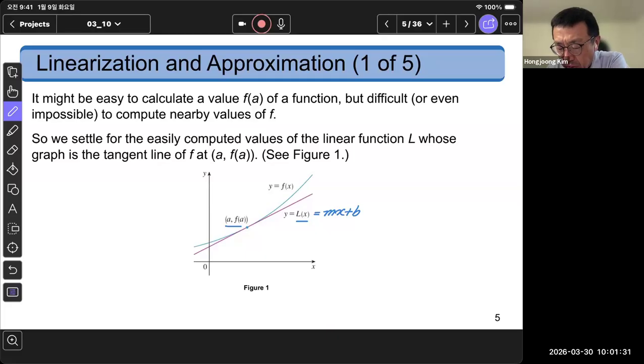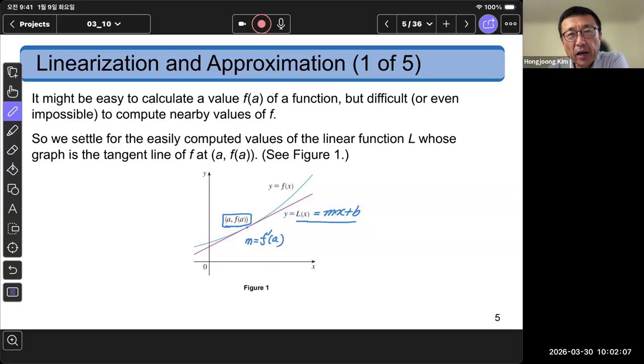So using the information at a and f of a, and if I know that f prime of a can be estimated, then that will be the slope of the tangent line, right? So if I know the value f of a and f prime of a when x is a, then I can find this m and b of the L(x) function.